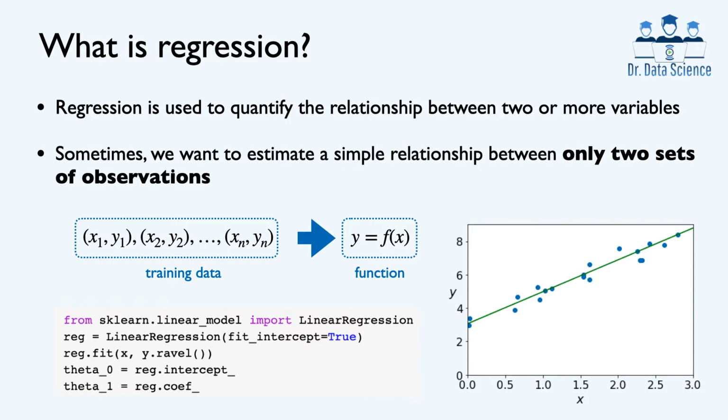I also discussed how to use linear regression from scikit-learn to train regression models, which is very straightforward. You just need to import linear regression, initialize the model, use .fit on the training data, and this will give you the coefficient and intercept term that you're looking for.